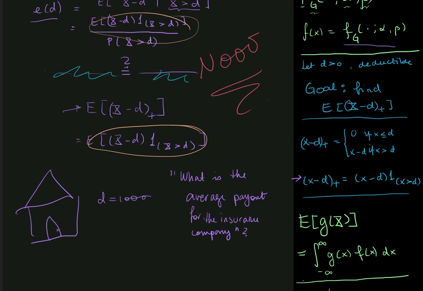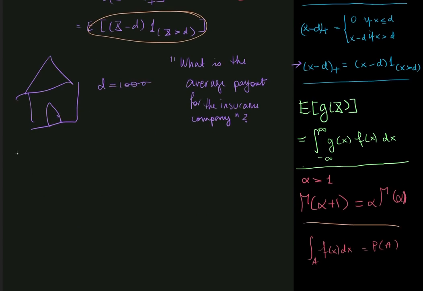So the mean excess function up here tells us that the way we should interpret this is the mean of x minus d multiplied by the indicator of x being greater than d, divided by the probability that x is greater than d.